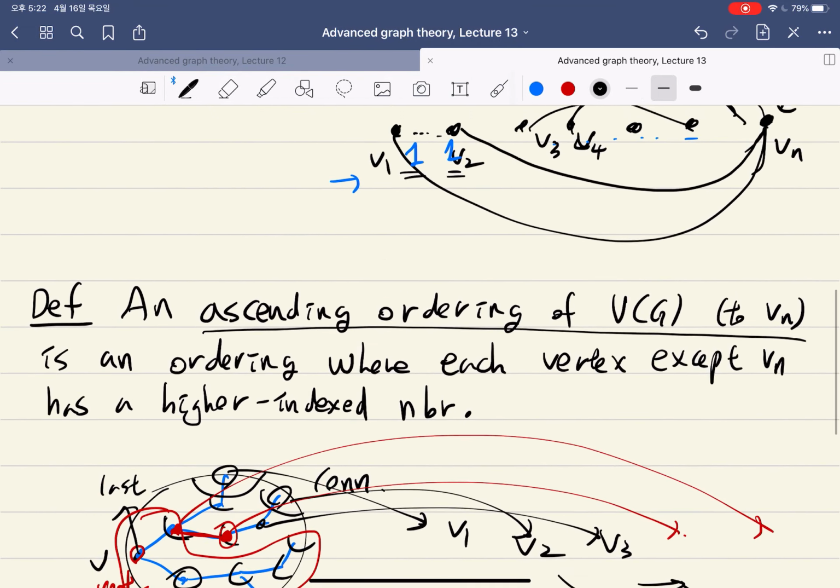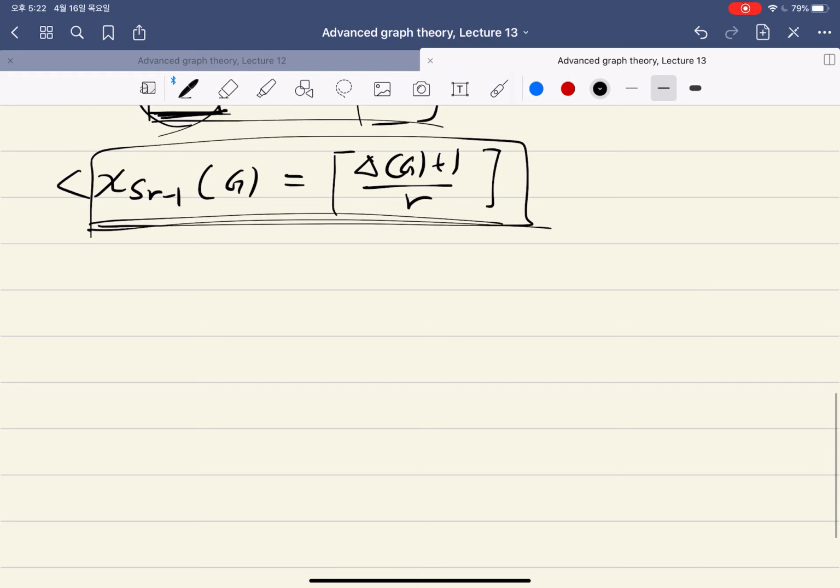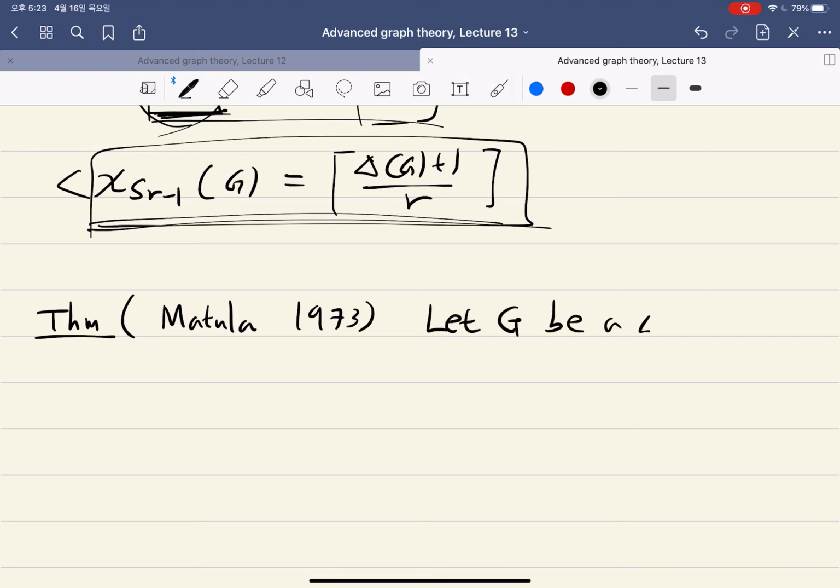And this can be generalized to the following theorem, which is a generalization of Brooks theorem, which is a theorem by Matula. Let G be a connected graph.